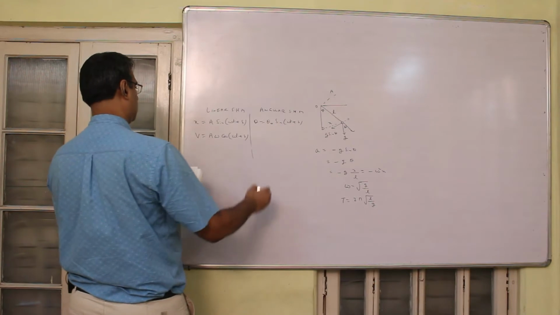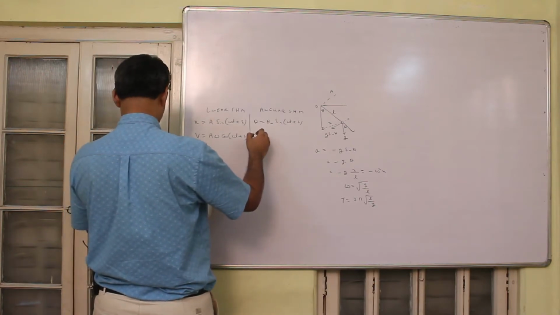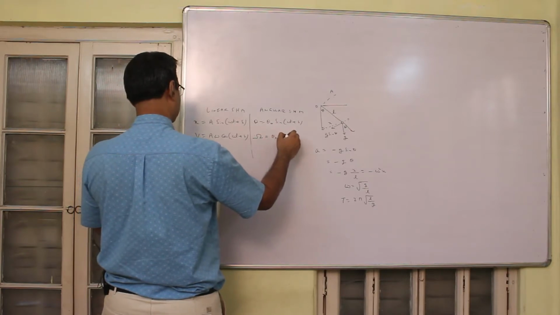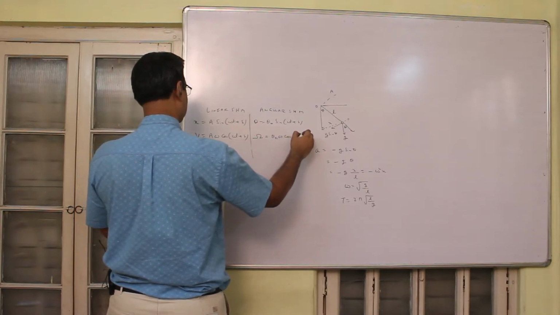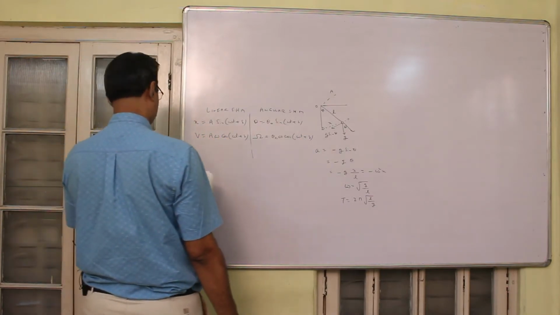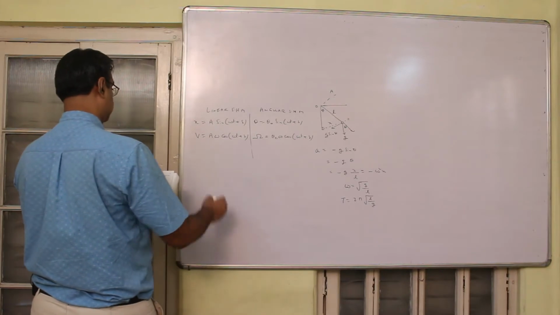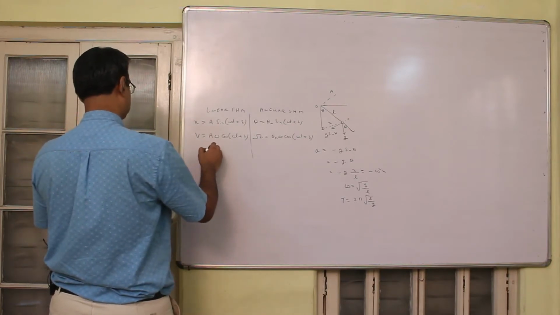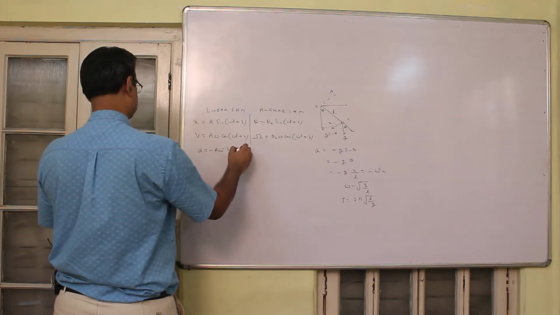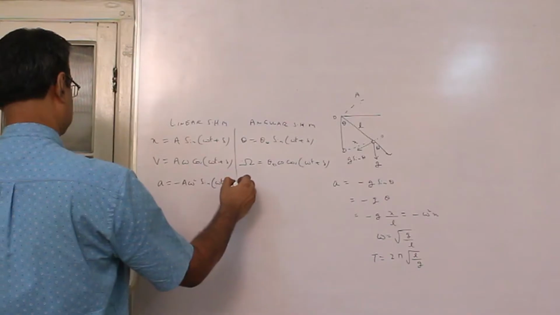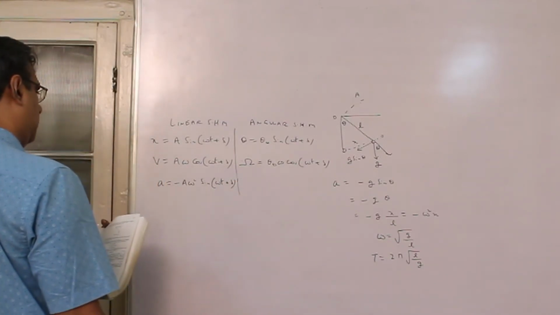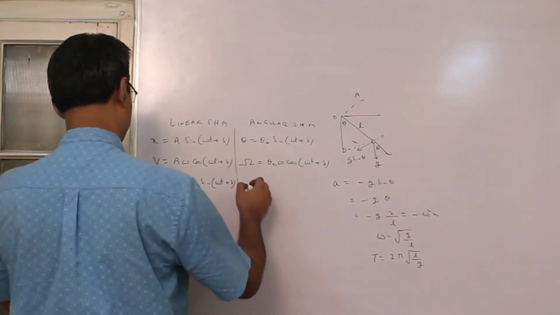V is a omega cos omega t plus delta. Omega is theta 0 omega cos omega t plus delta. Acceleration is minus a omega square sine omega t plus delta.